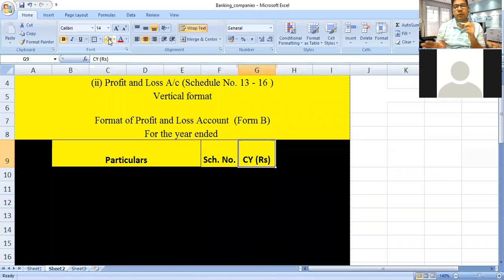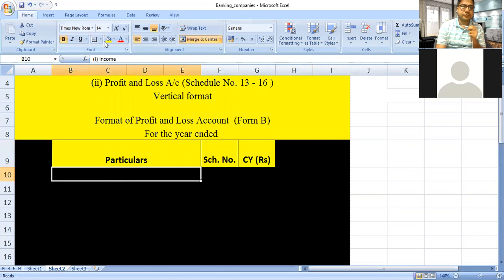In any banking company's final account, current year and previous year figures are also provided. In general banking statements, last year figures and current year figures are provided in the balance sheet and profit and loss account.